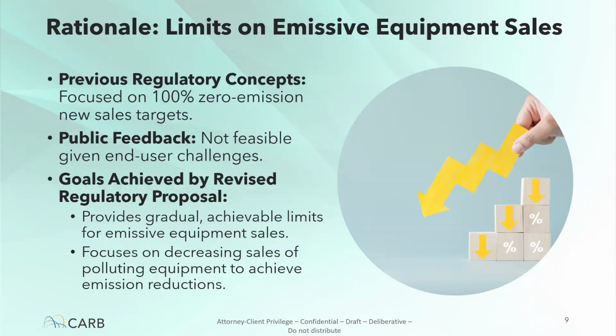So previous regulatory concepts focused on a 100% zero emission sales requirement, and through the public engagement process, we heard that a 100% sales target is really not feasible for all consumers, given end user challenges such as costs and building constraints. For example, we heard that some buildings may need costly and time-intensive retrofits to upsize electrical panels, or reconfigure space to install zero emission space and water heaters.